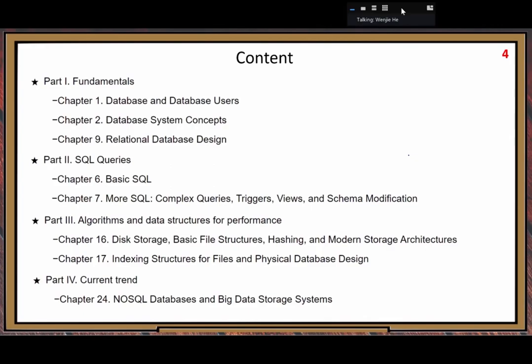But in the social media era, many social media related information searches do not use relational databases but a new type of database: NoSQL, not only SQL.